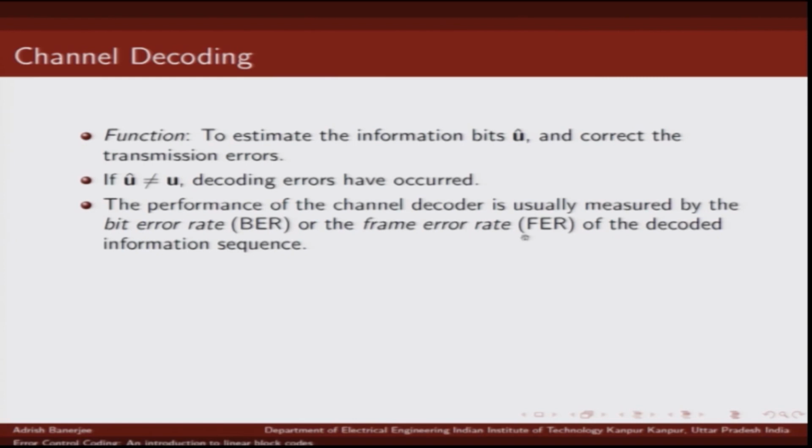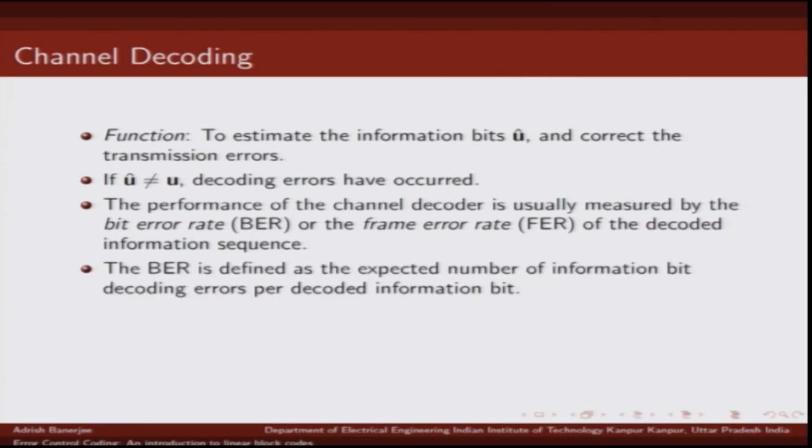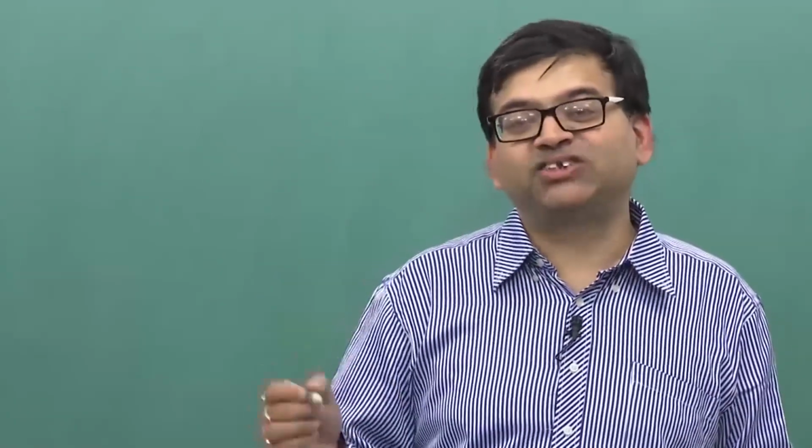The performance of error correcting codes is typically evaluated using bit error rate and frame error rate. We define bit error rate as the expected number of information bits that are decoded in error. For example, if you transmit n information bits and x of them are received in error, the bit error rate would be x by n.